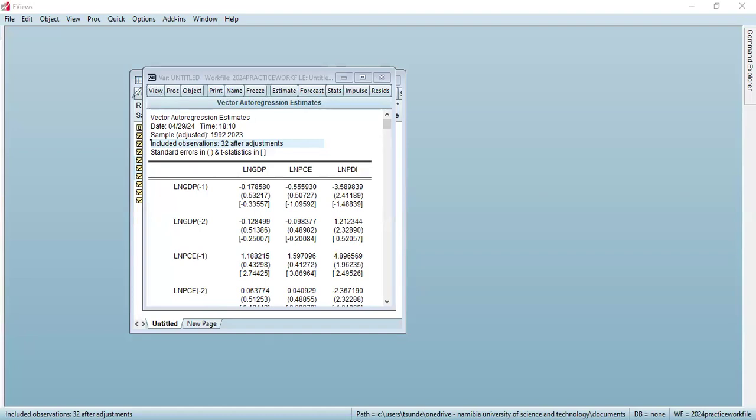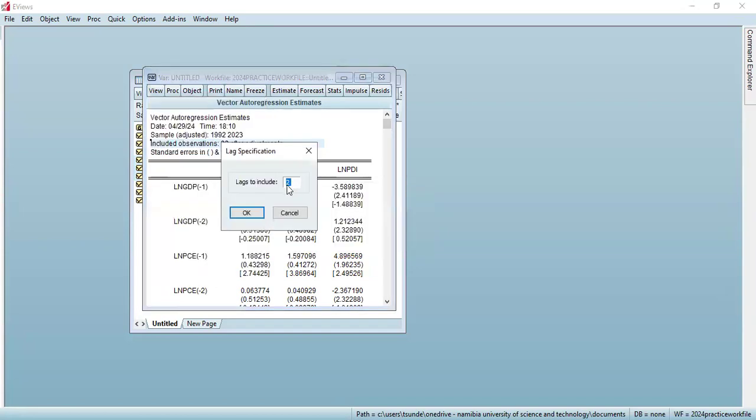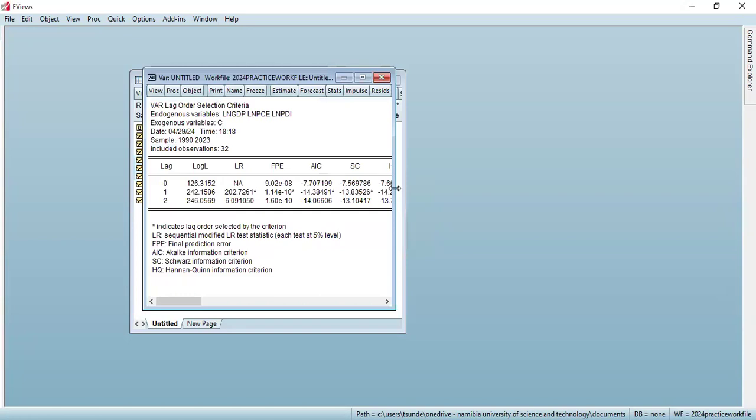To do that, we go to View, then Lag Structure, and then Lag Length Criteria. View, Lag Structure, Lag Length Criteria. Then you click OK. There is a number of lags suggested there. Don't change anything. You just click OK.